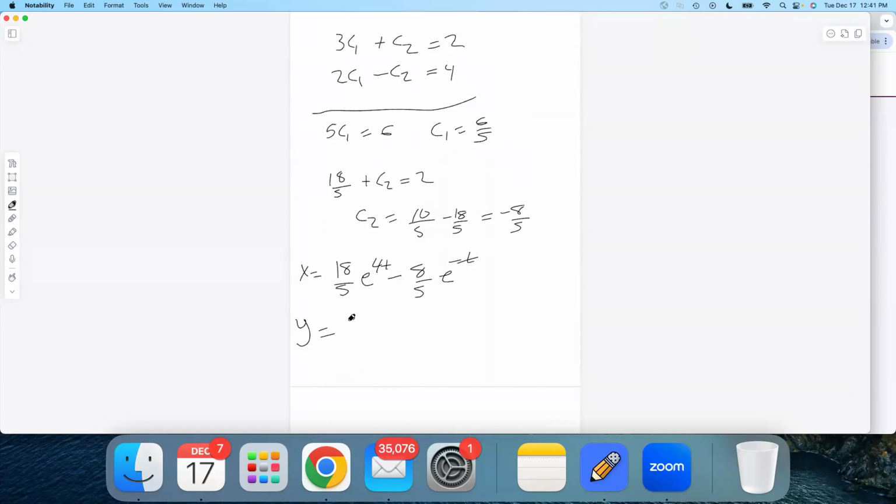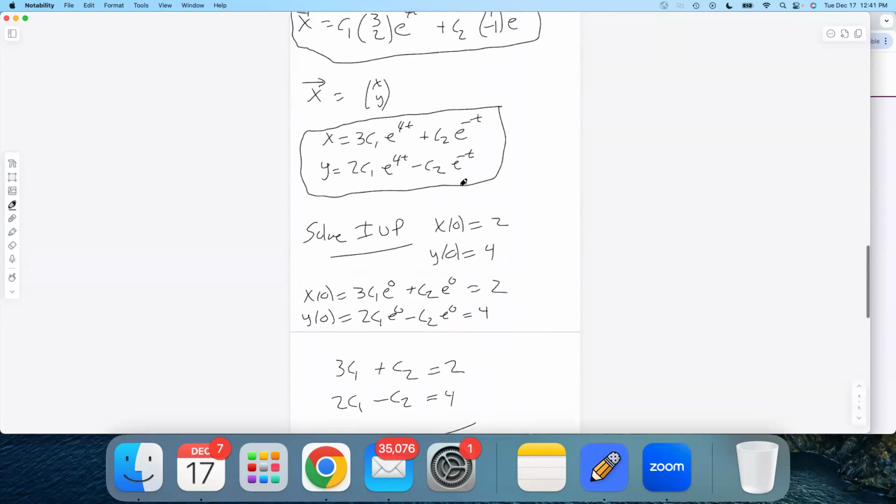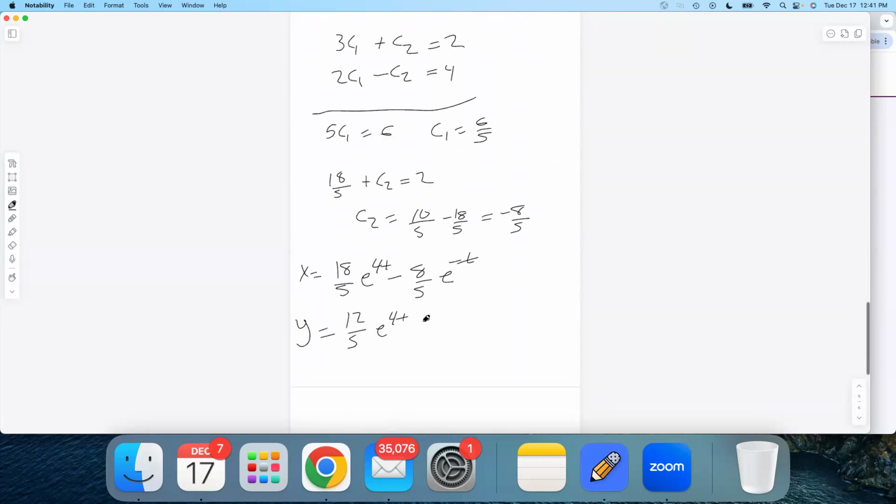So twice that guy will be 12 over 5 e to the 4t. Keep forgetting what it was. Minus c2, so minus a negative, plus 8 fifths e to the negative t. And that is a good place to stop.